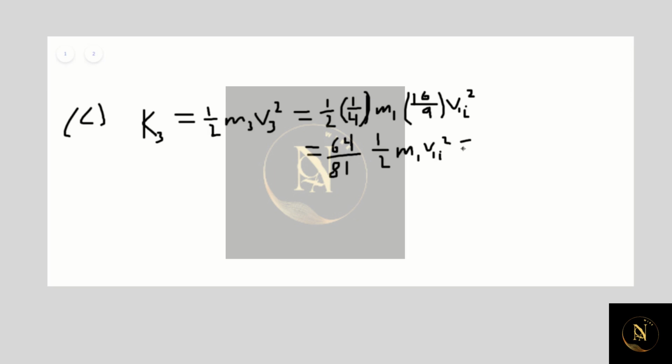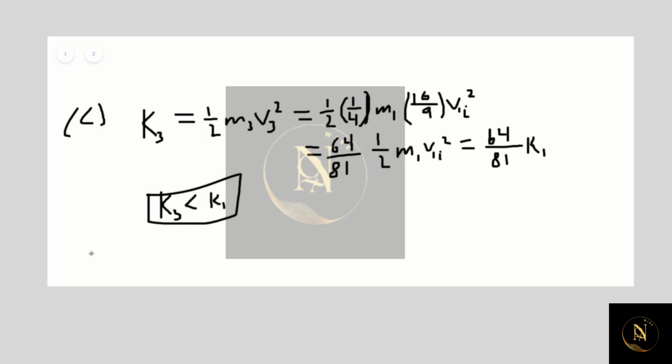Well, 1/2 M1 V1 squared is the kinetic energy of block 1. So this is 64 over 81 times the kinetic energy of block 1. Therefore, K3 is less than K1. We can box it in as our solution for part C.